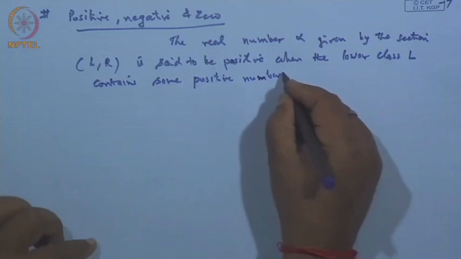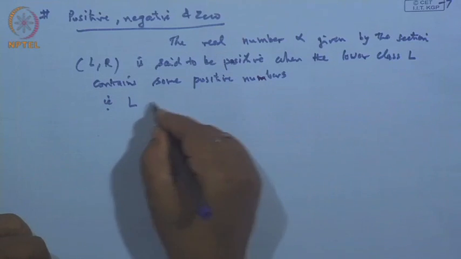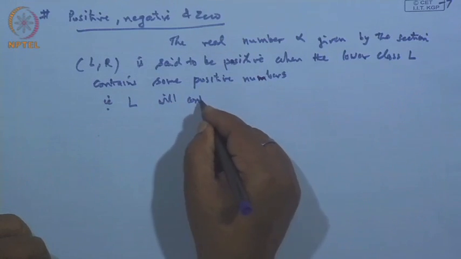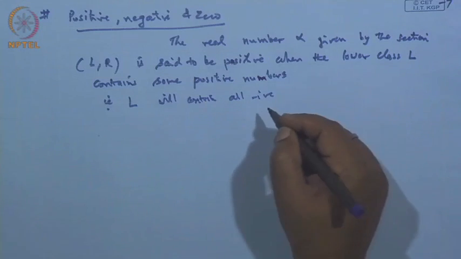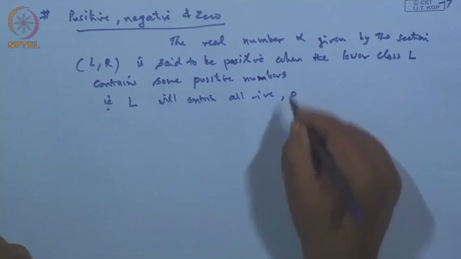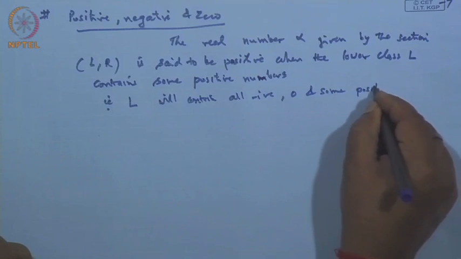It means lower class L will contain all negatives, zeros and some positives. Is it okay or not?